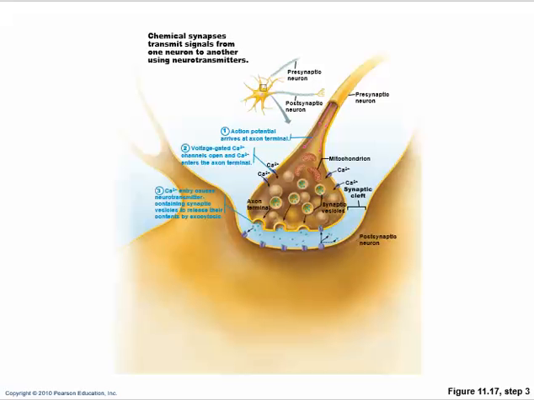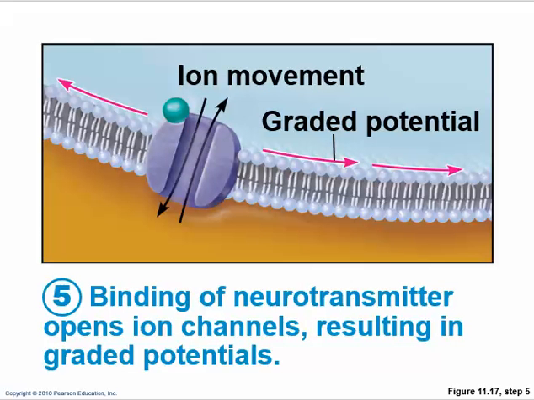The calcium binds with the vesicles that have the neurotransmitter in them, that causes them to go to the surface and open, releasing the neurotransmitter into the cleft. The neurotransmitter in the cleft binds with the receptor, opening channels.